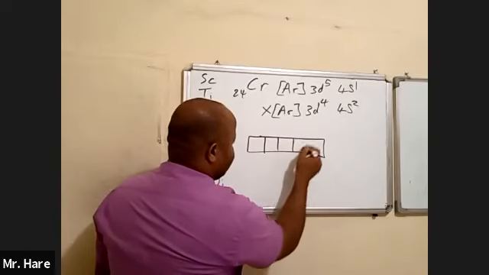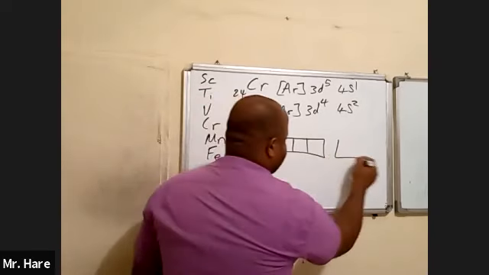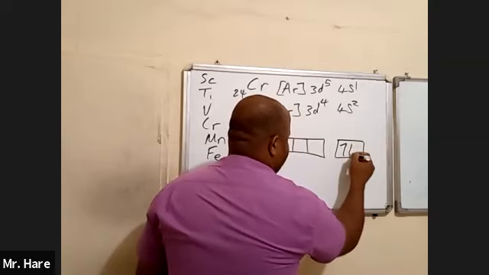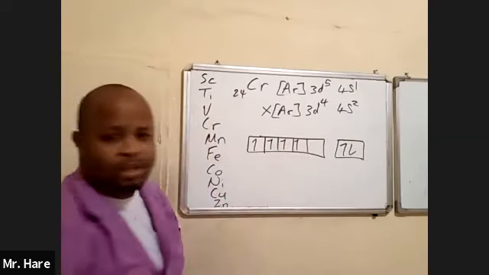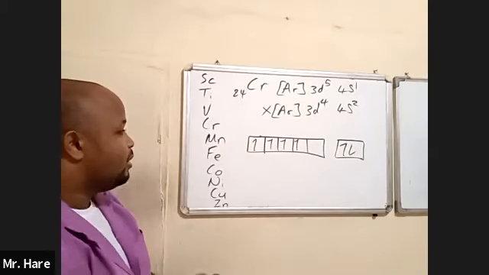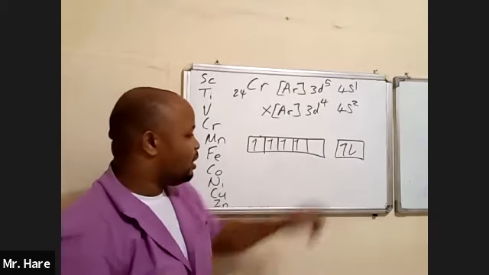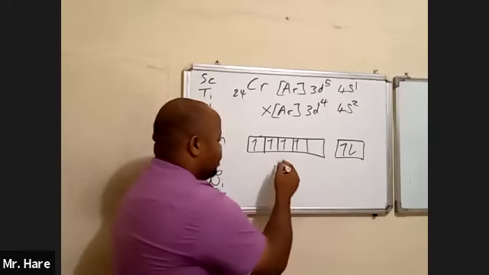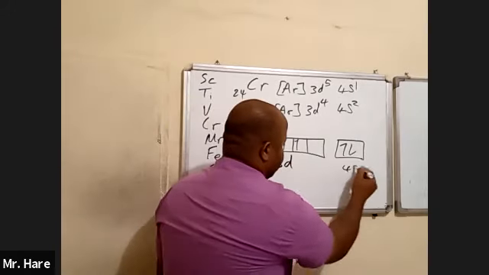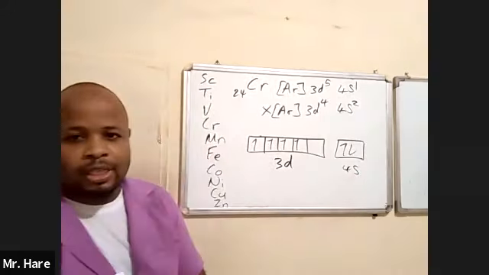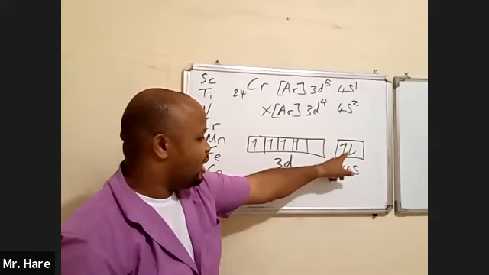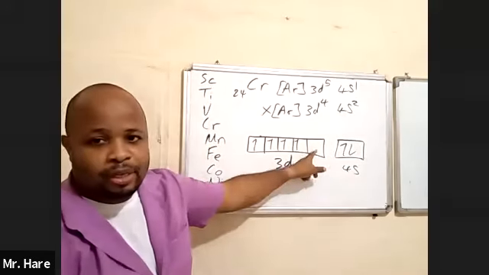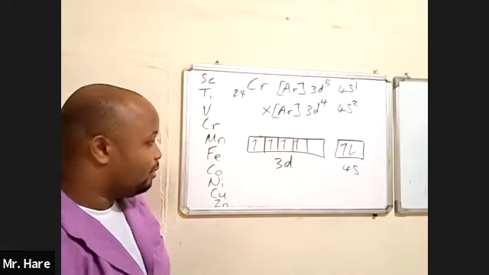1, 2, 3. So if it was 4s2, 3d4, right? If this was the electronic configuration, they're saying no, these two orbitals are close in energy, 3d, 4s. So it is more stable if you place one of these paired electrons into the empty 3d orbital.